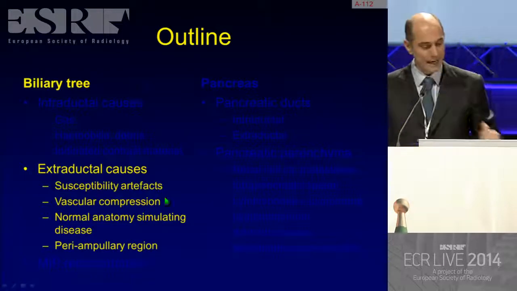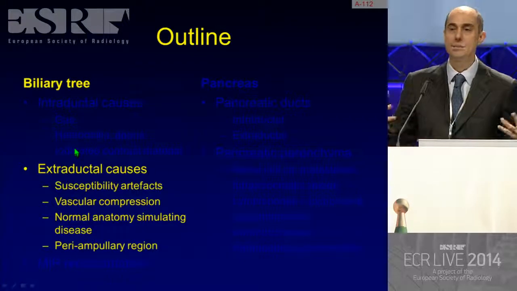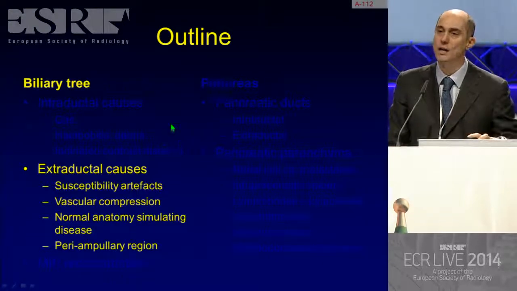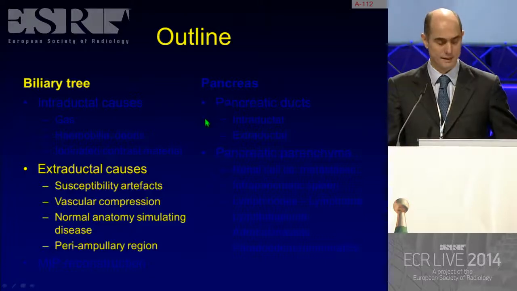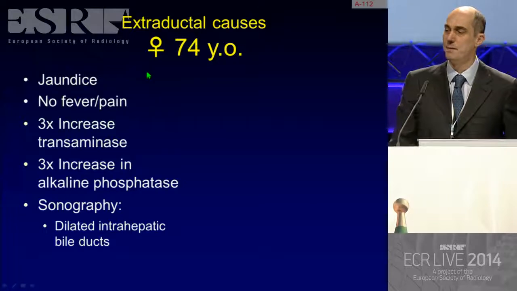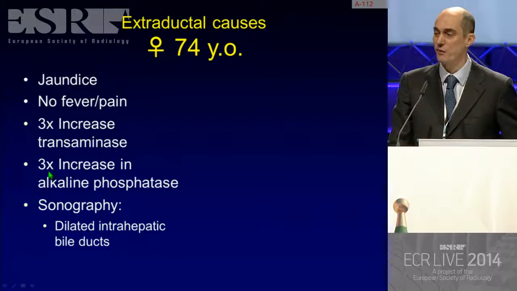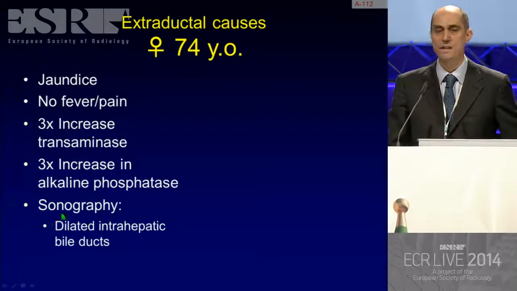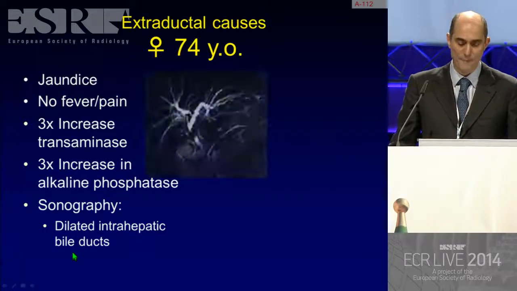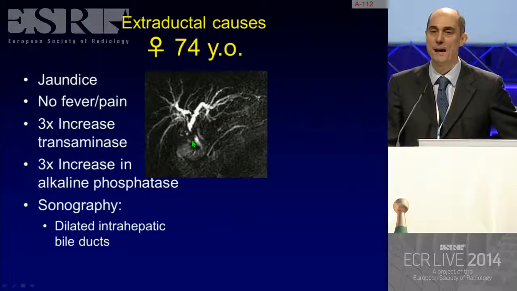And so this is with the endoductal causes. Let's move on to the extraductal causes. What they cause is stenosis. The common denominator of the extraductal causes is stenosis. Let's see this case of a 75-year-old female with jaundice, no fever, no pain, threefold increase of transaminase, threefold increase of alkaline phosphatase. She had a sonography, and we have dilated intrahepatic ducts, and we performed MRCP, and we do see a stenosis of the common bile duct.